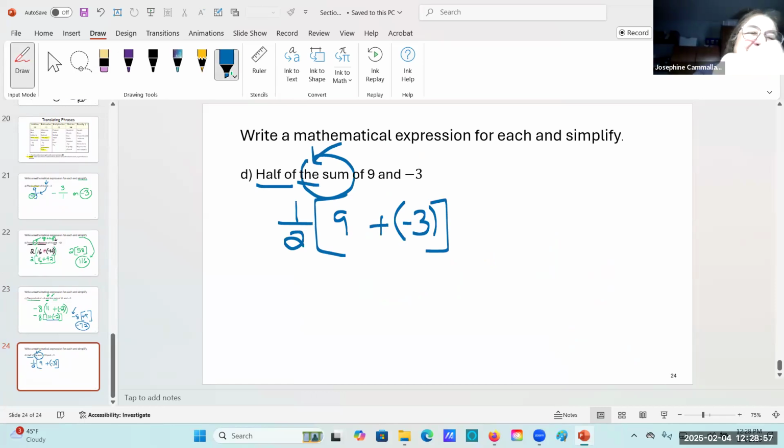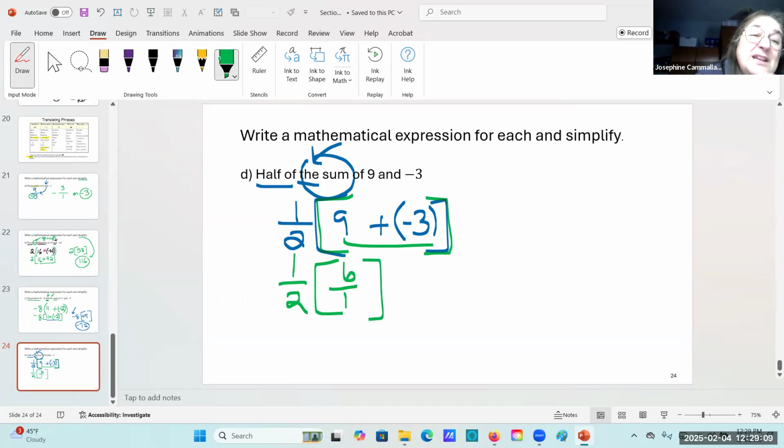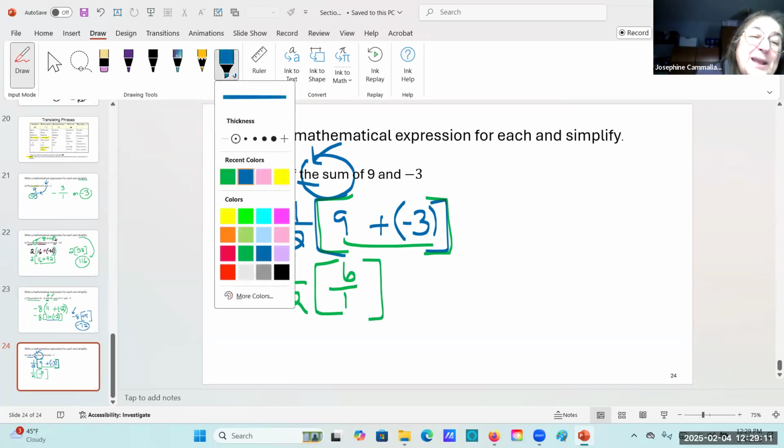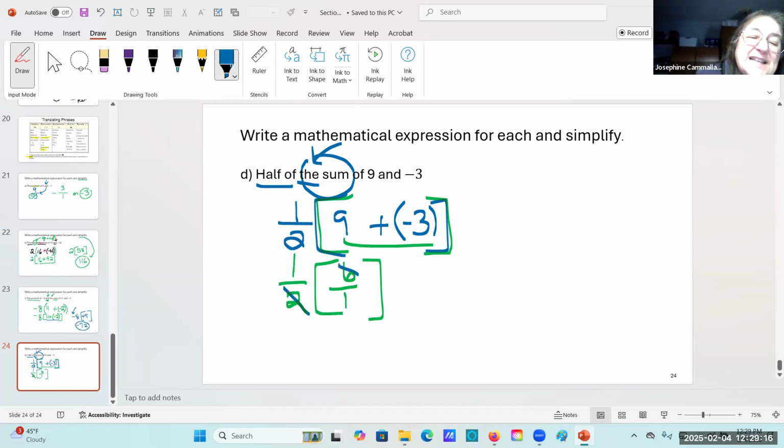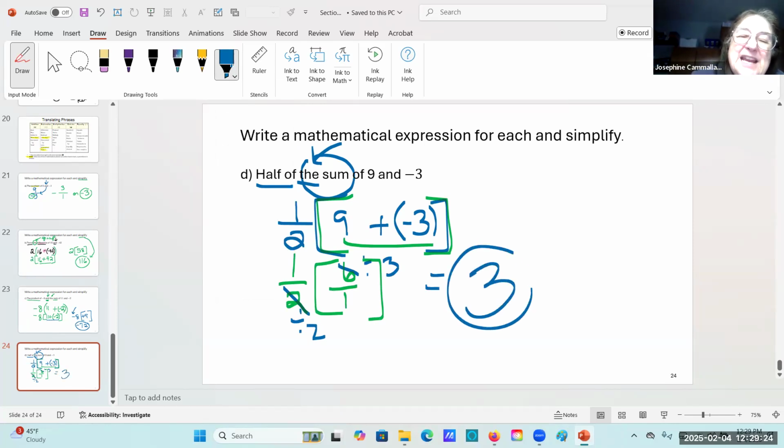The is the grouping symbols, which we're going to do first. 1/2. Now this is a positive 6 over 1. When I cross cancel, I'm going to get the number 3.